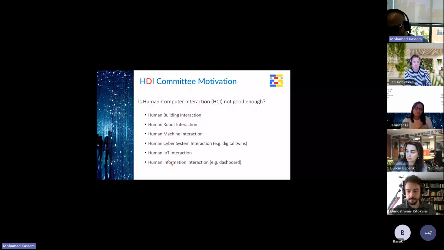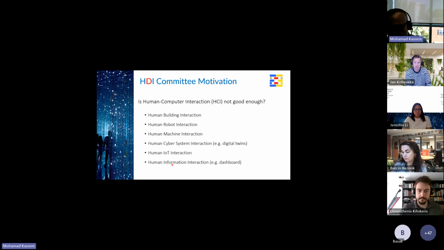I know HCI scholars who have been in HCI for 15, 20 years, and they are trying to extend the connotation of human-computer interaction to include all of these things. I personally disagree, because it's the same thing ongoing currently with those, at least those familiar with BIM, who are trying to extend BIM to bring digital twin in as part of BIM. So it's the same analogy.